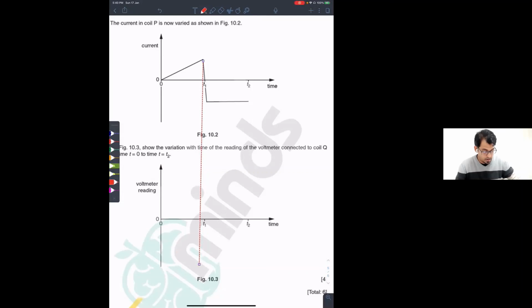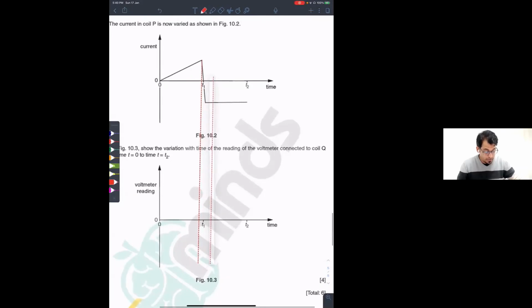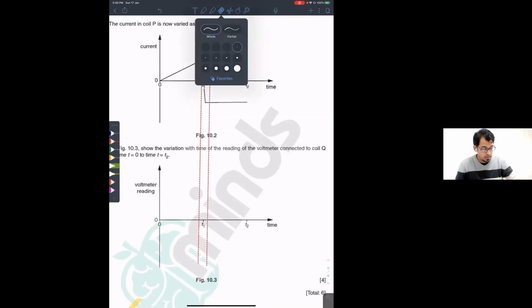One perpendicular like this. Why I'm drawing it, I will shortly explain. The other perpendicular from here. I guess these graphs are not aligned actually, that's why both T1 and T1 are not in one line. So let me draw this way only.